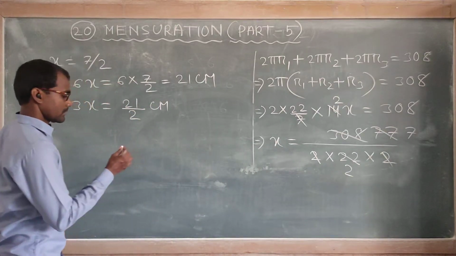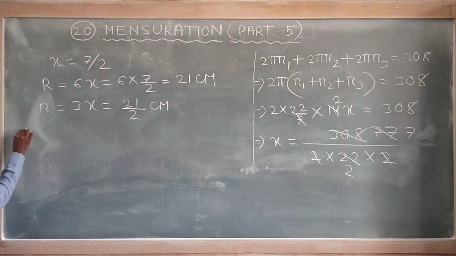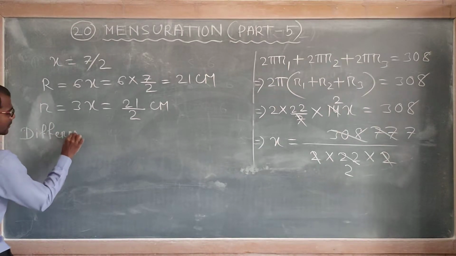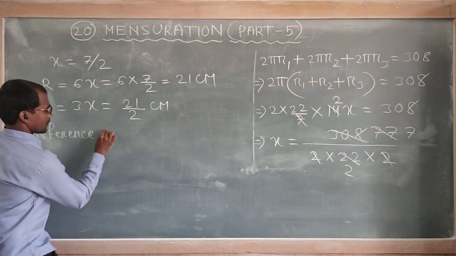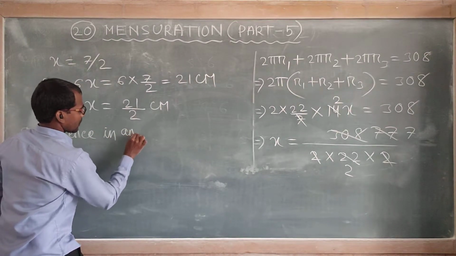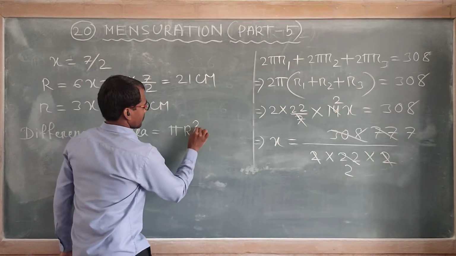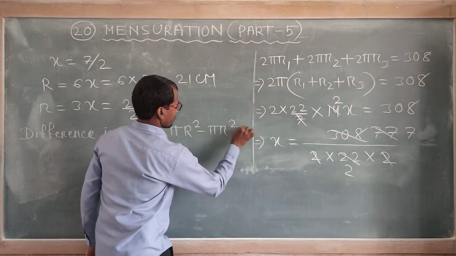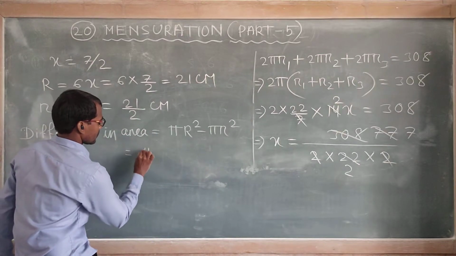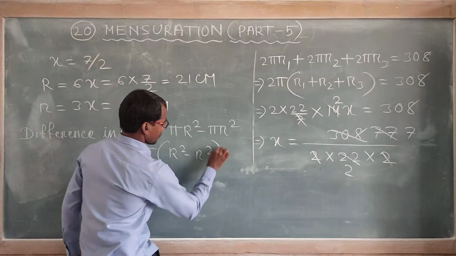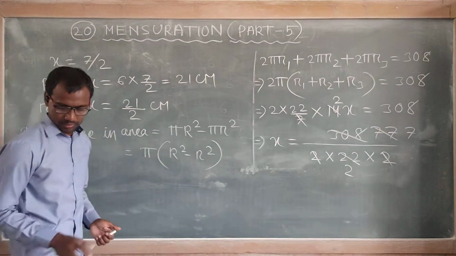So let us find. Difference in area is equal to pi R square minus pi r square. Pi common, R square minus r square.